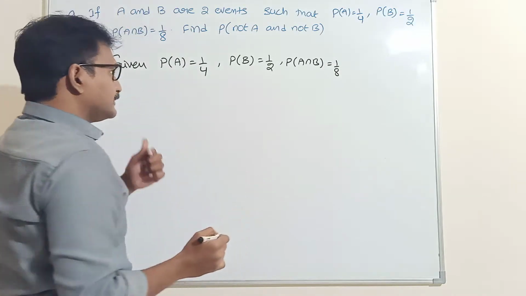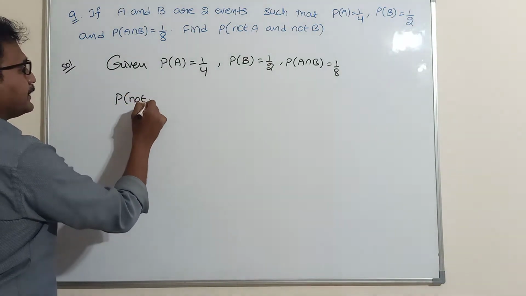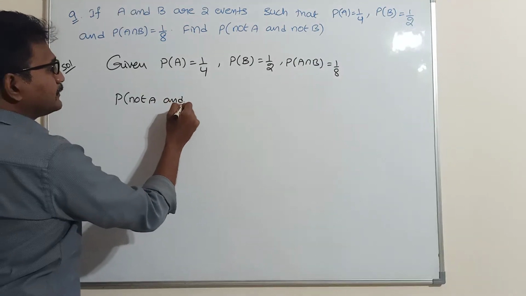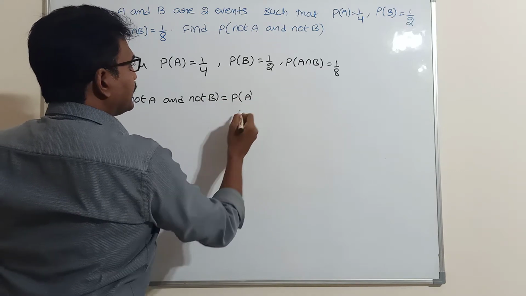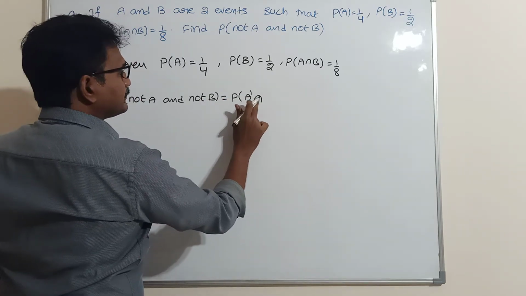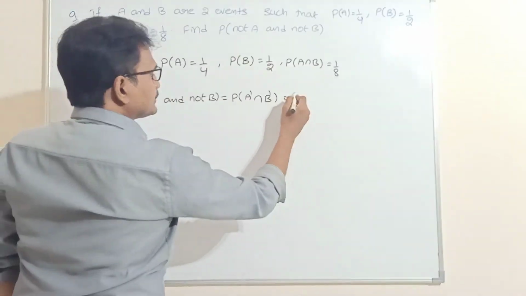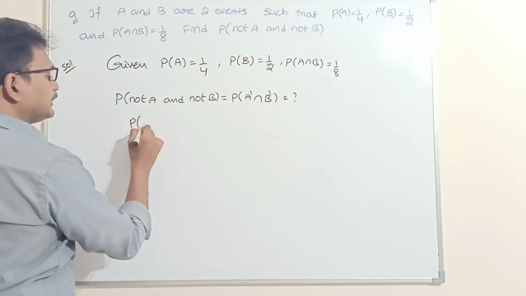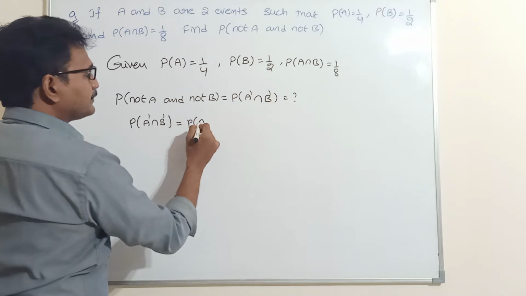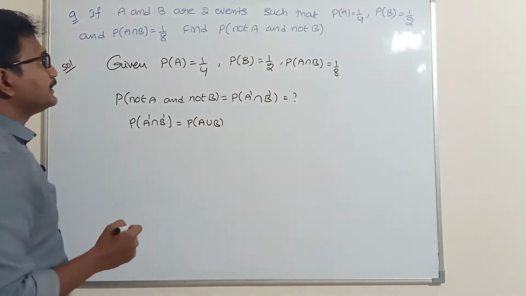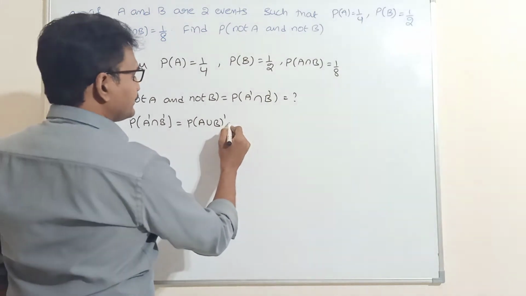Find P of not A and not B. So P of not A means A complement, and means intersection, not B means B complement. P of A dash intersection B dash is equal to P of A union B whole dash.